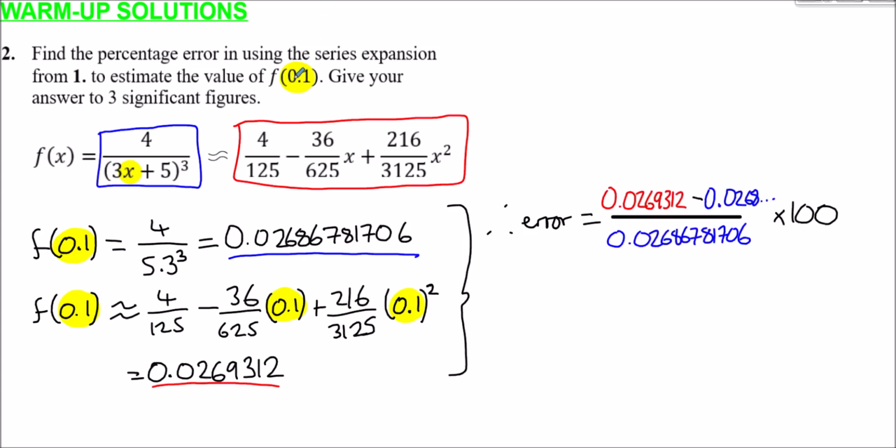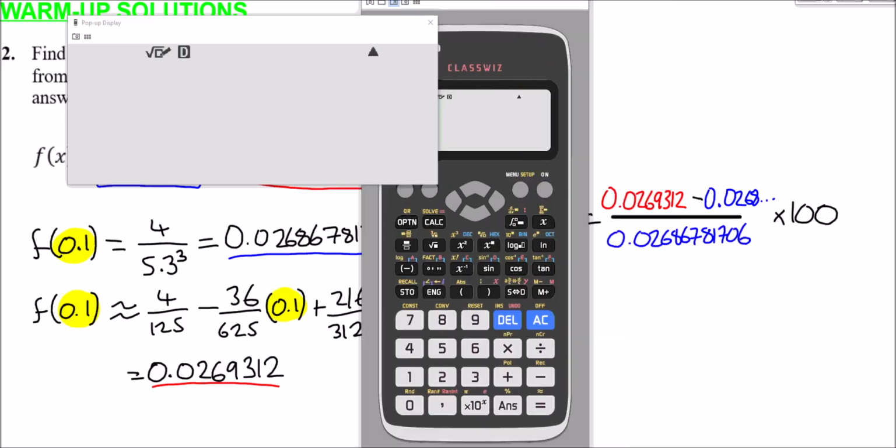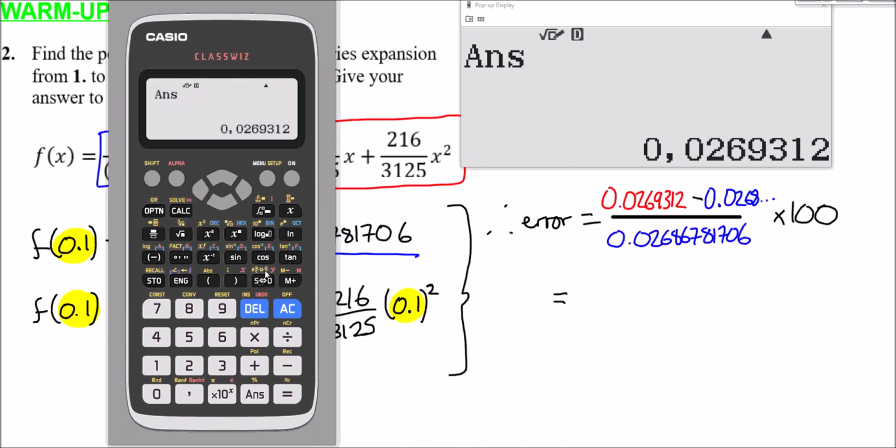Now this might seem like quite a bit to handle with your calculator, so I'm going to show you a slightly easier way, which means you're less likely to mispress on a value. What I'm going to suggest is this value here is easier. You can see that answer here. So let's just store that in our calculator memory. For example, Ans will come up. We've got that one stored.